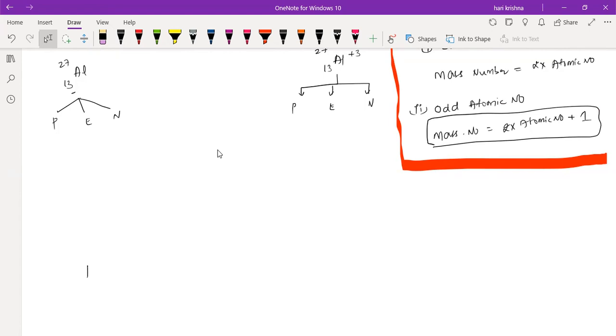Do it fast. Phosphorus also, 15 and 31. Protons, electrons, and neutrons. Next, chlorine.